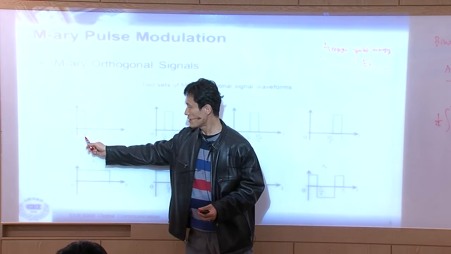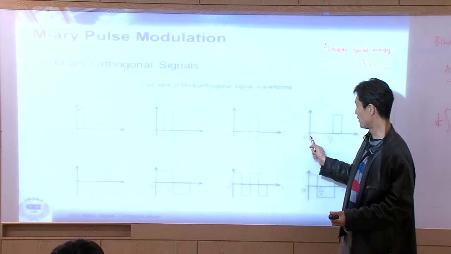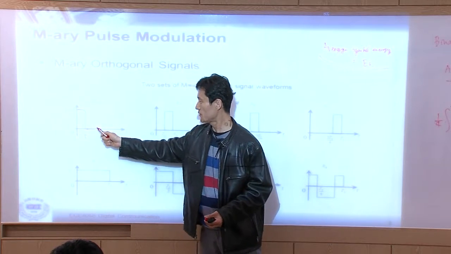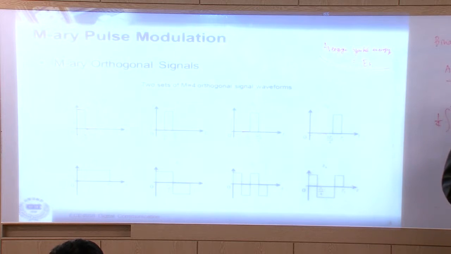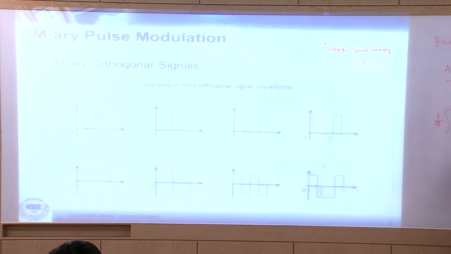From here to here, only this one has on, off, off, off. For the second part, off, on, off, off. Something like this, right? So it's almost the same as the orthogonal signaling. But now we have 4 symbols.